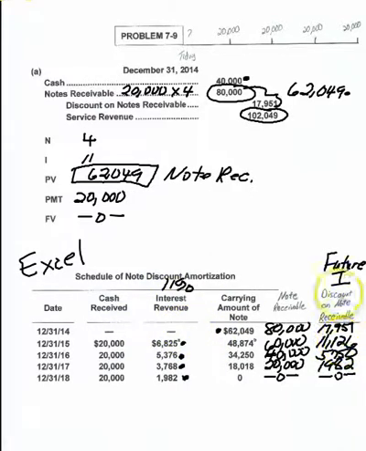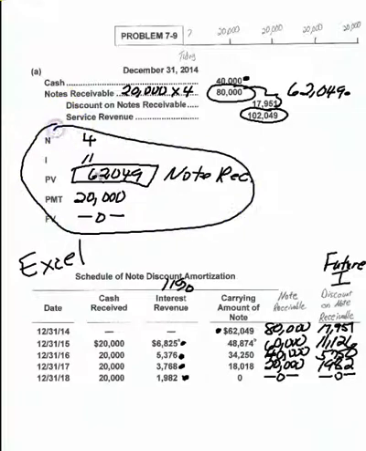If you want to rearrange some of these headings, you're welcome to do that. But you are the one that's going to have to put in the formulas. So when you go to Excel, you want to have this input area, and then all of this down here should be formulas. All of this can be formulas based on numbers up here. Okay? All right, so that is problem 9 for us.